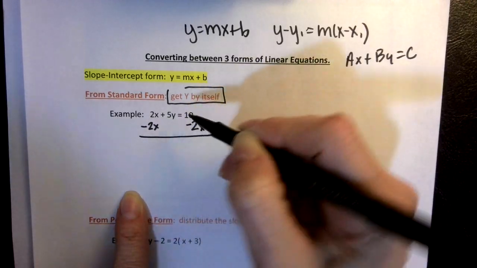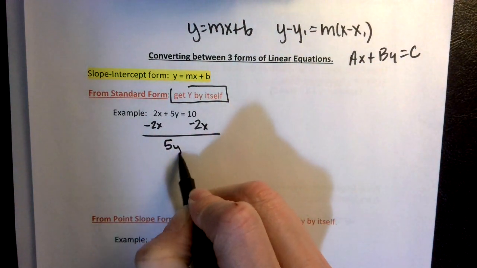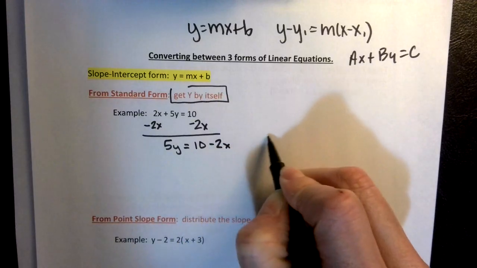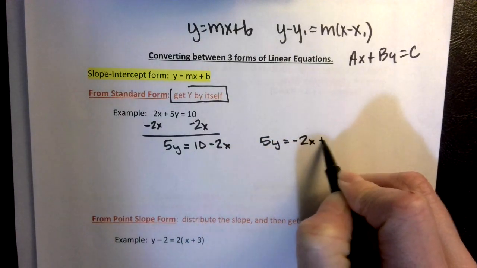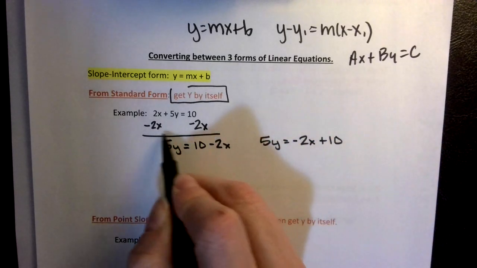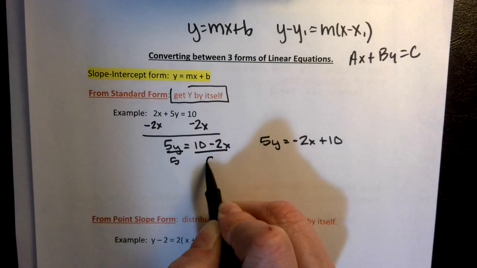You can't take 10 minus 2x and get like 8. So you'd have 5y equals 10 minus 2x. Now a person could write 5y equals negative 2x plus 10 as well, and that would be okay. It's either or. Y is not completely alone now, so I'm going to divide and divide.